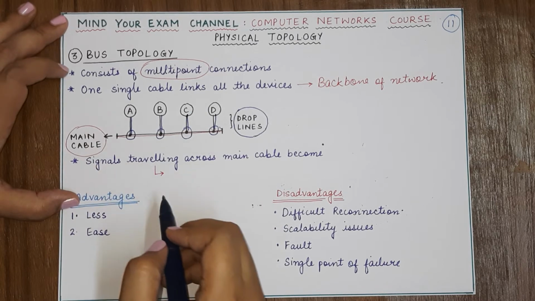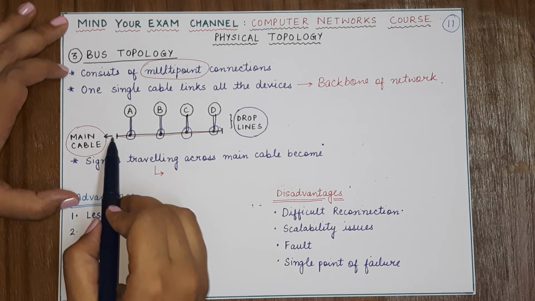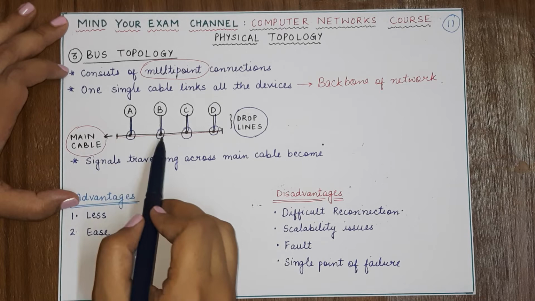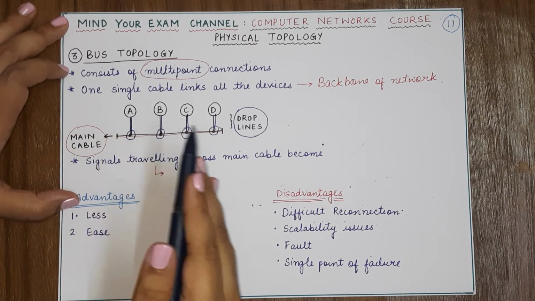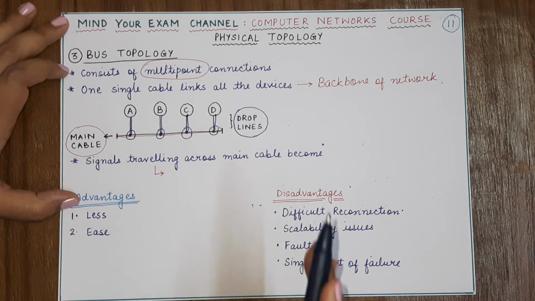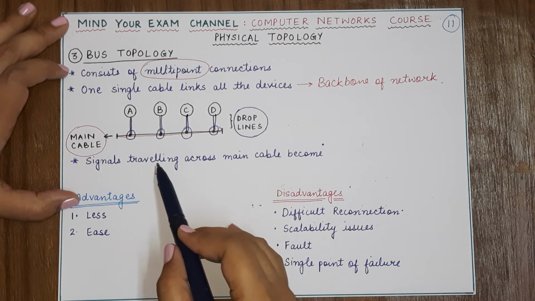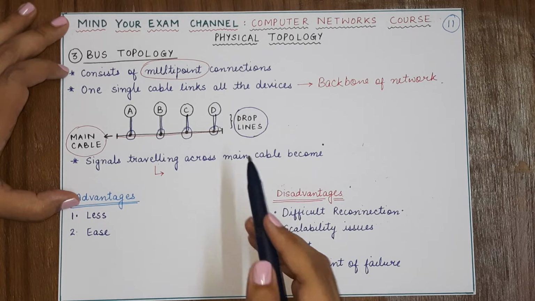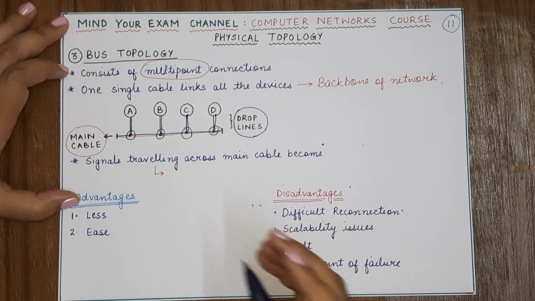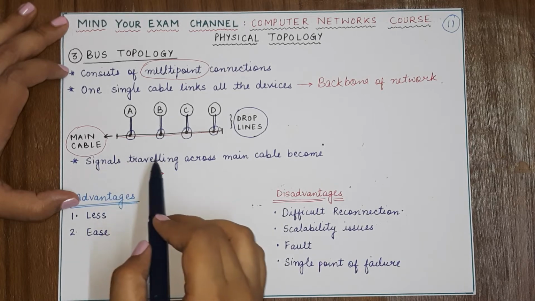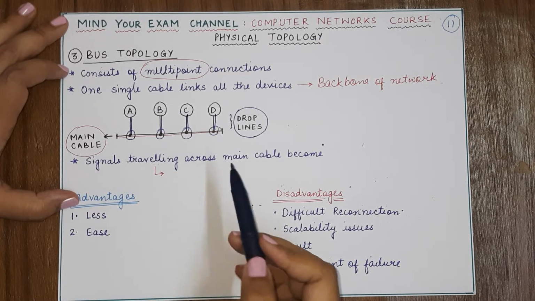Another important point is that when signals or data is transmitted through the main cable, as it travels towards the other end of the cable, the signal will become weak because some amount of energy is lost in the form of heat. Okay, and this signal will then need to be repeated.